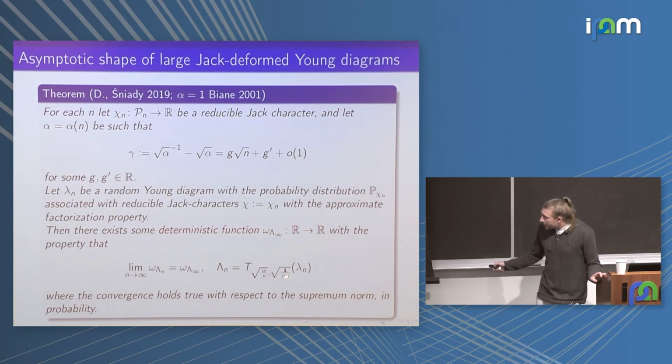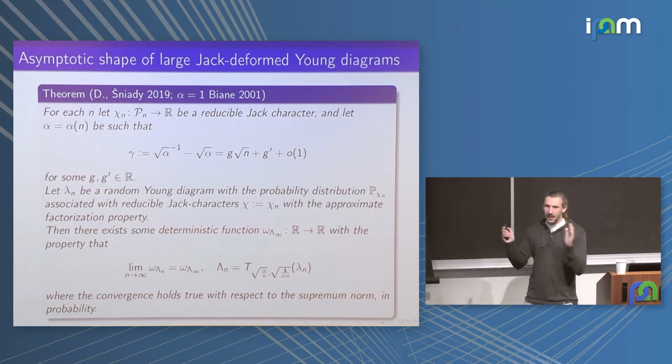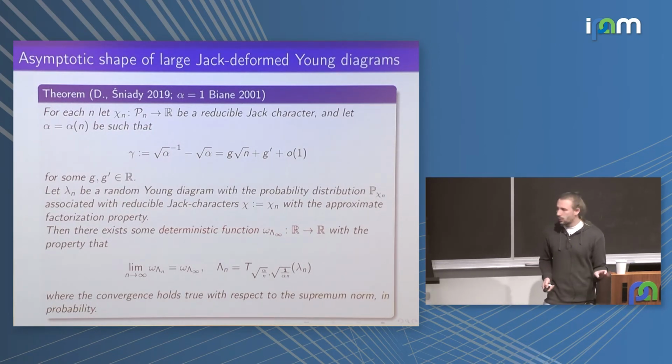There is one slight difference, though, in the scaling. In the previous picture, we were scaling our Young diagrams so that the shape was exactly the same as at the beginning, just smaller, so that the area was equal to 1.